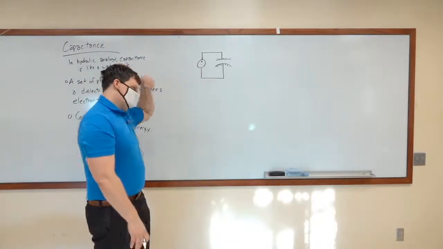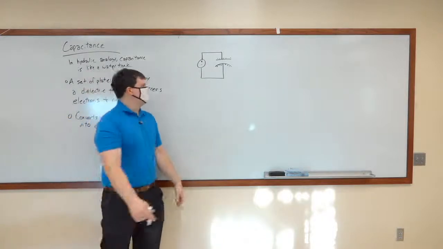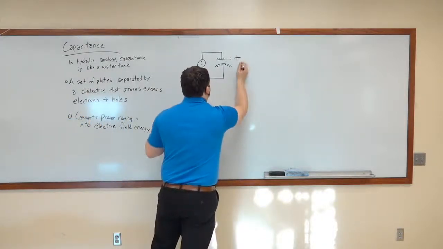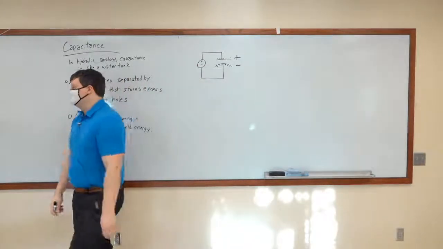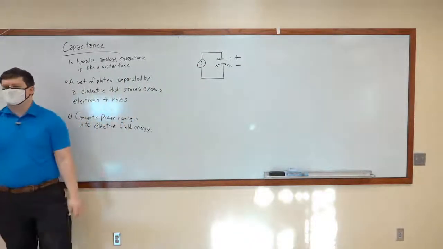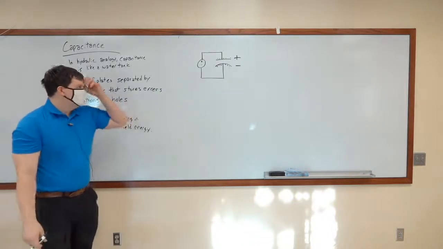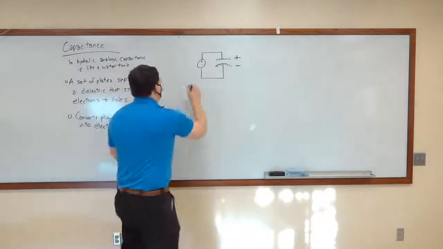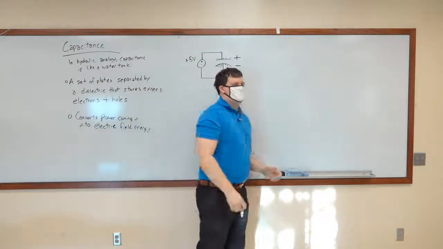And in these components, usually it'll show you a positive and a negative end. The positive end is the one that collects the electrons. The negative end is the one that collects the holes. It's exactly backwards from what's actually happening physically. Okay? In this system, I throw plus 5 volts across that capacitor.